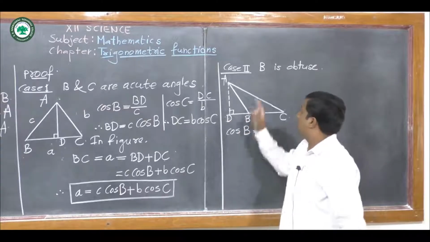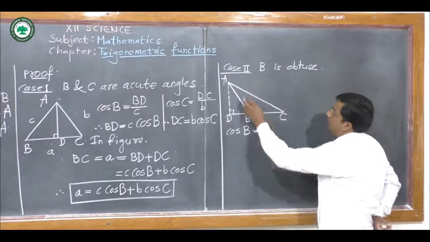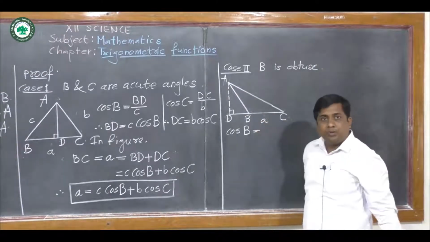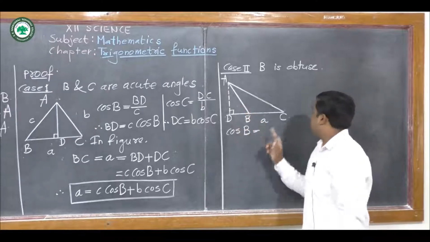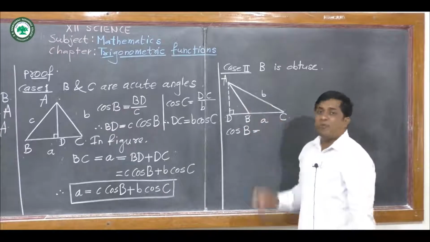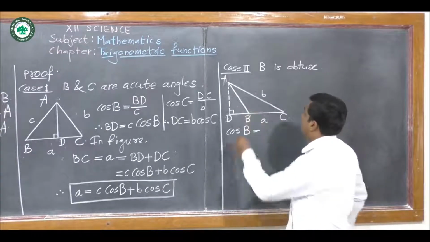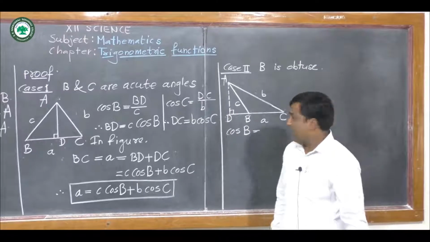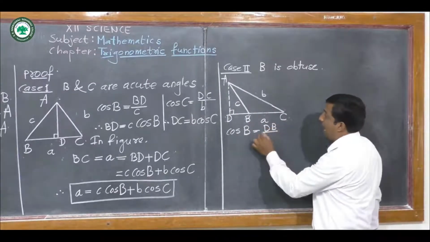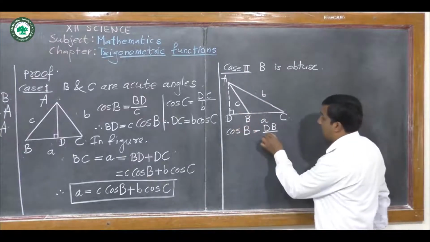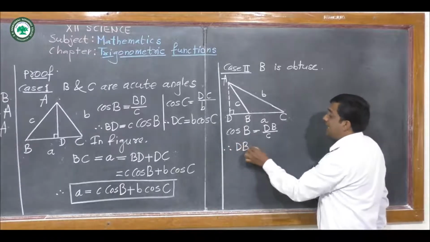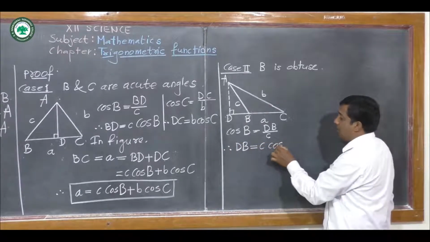Remember, the length of the side opposite to angle A is small a, opposite to angle B is small b, and opposite to angle C is small c. So cos B is DB upon hypotenuse, and for the hypotenuse we consider c. Therefore DB is equal to c cos B.